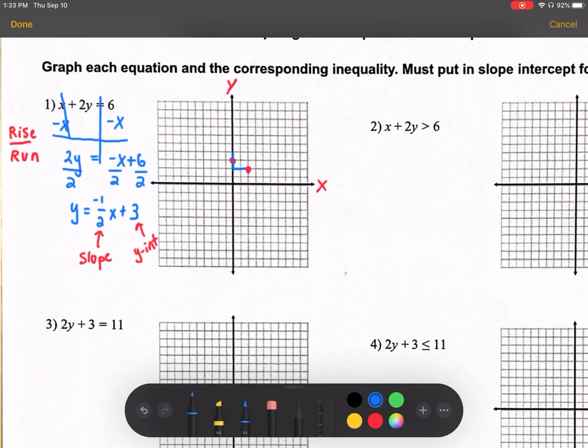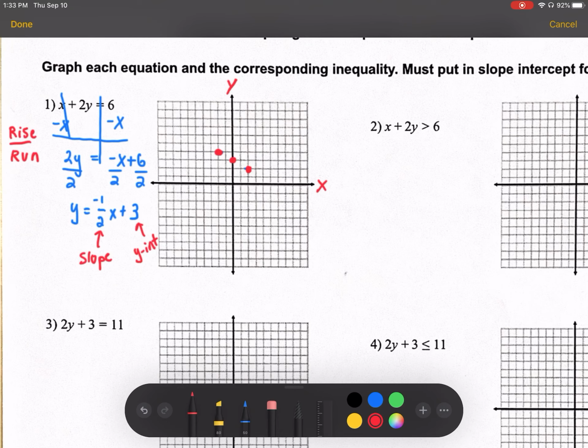Either of those two ways works. Going up is positive, going right is positive, and then down and left is going to be negative.